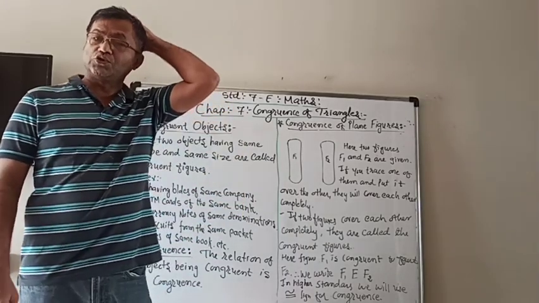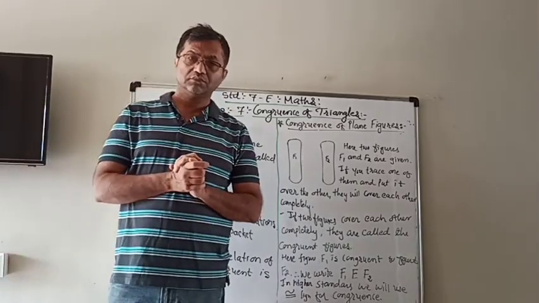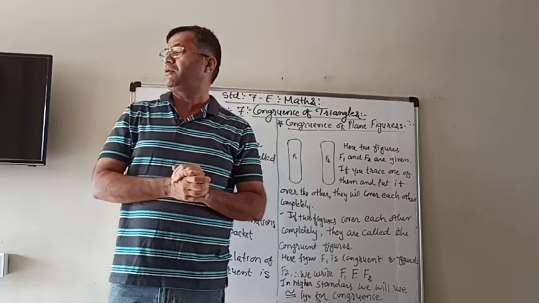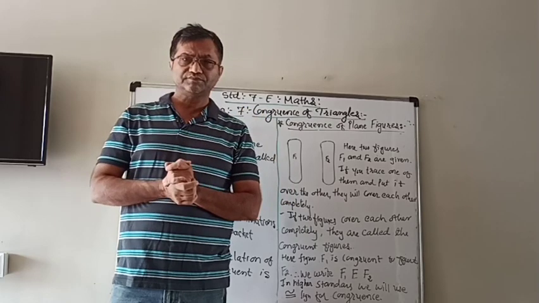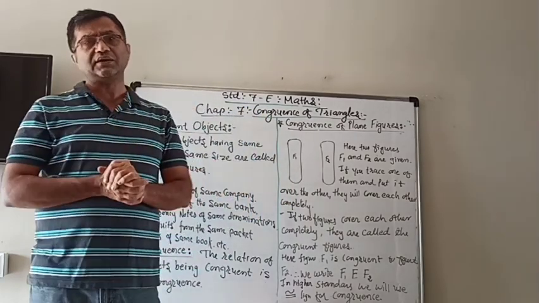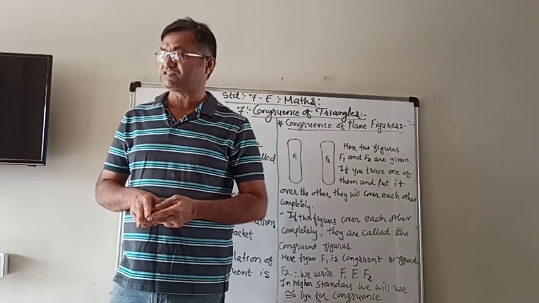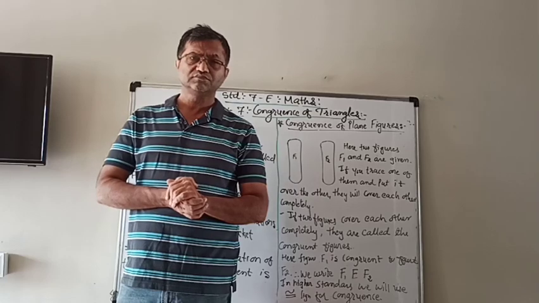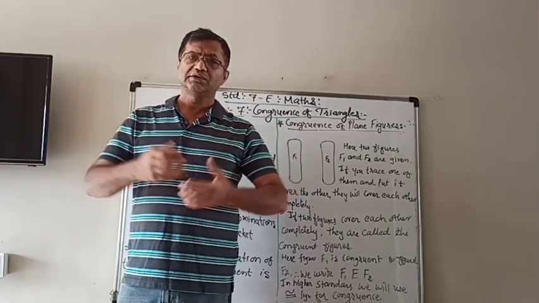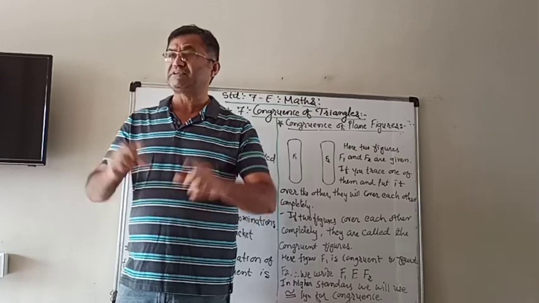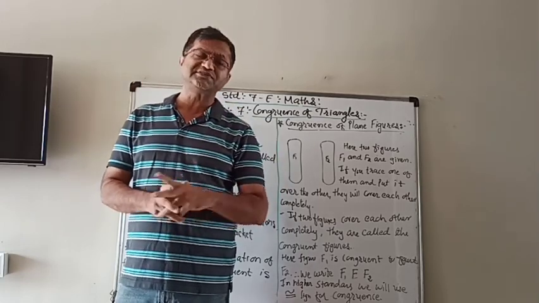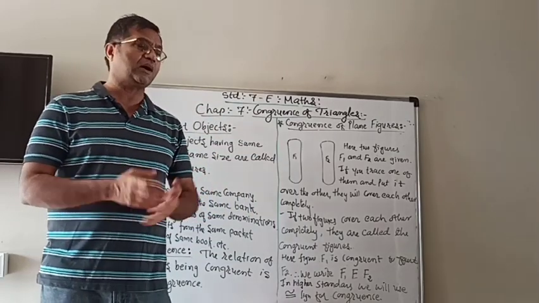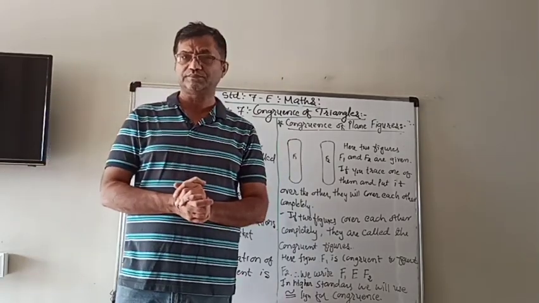Similarly, two mobile phones of the same company and same make. Similarly, if you take two ATM cards issued by the same bank, Bank of Baroda or the State Bank of India, whatever, the cards of the same bank will also completely cover each other.